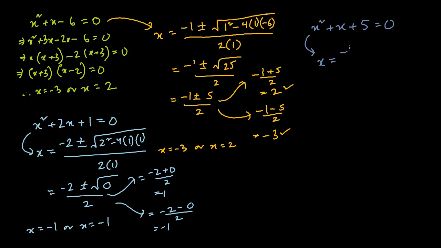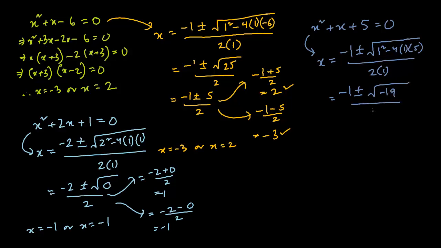So the coefficient of x is b, so minus 1 plus minus root over b squared, which is 1 squared, minus 4, a is 1 and c is plus 5, divided by twice a, where a is the coefficient of x squared, which is 1. This turns out to be minus 1 plus minus square root of 1 squared is 1, minus 4 fives are 20. So this turns out to be minus 1 plus minus root of minus 19, divided by 2.